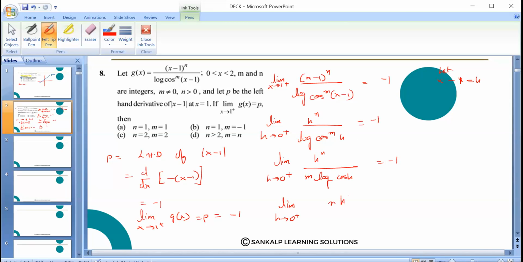N h power n minus 1 by m, log derivative is 1 by x, so 1 by cos h. Cos h derivative is minus sin h. This is equal to minus 1.